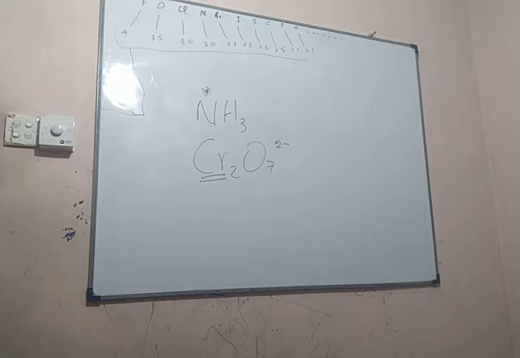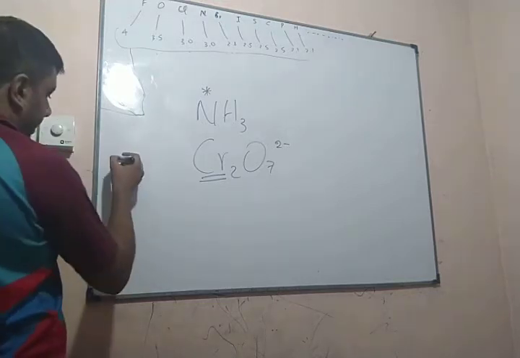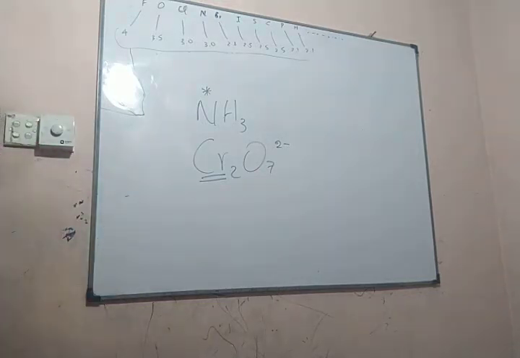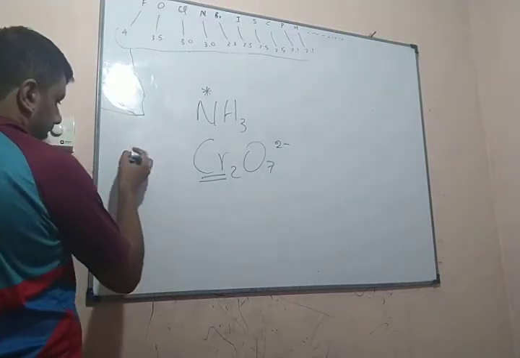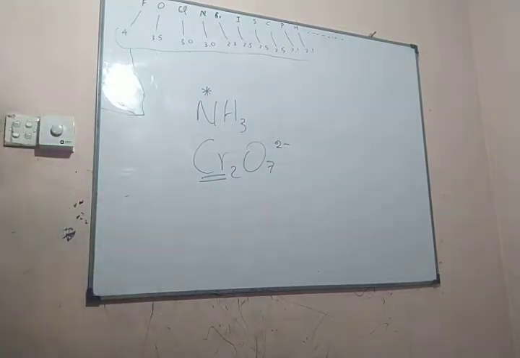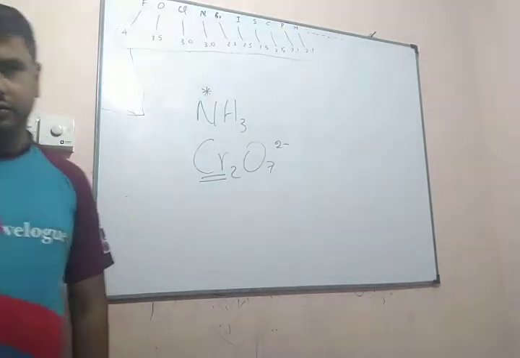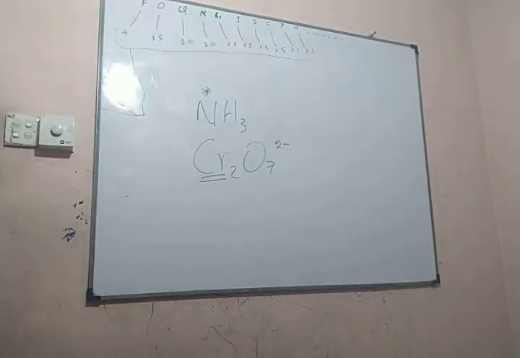Then permanganate, MnO4 minus. You should mark Mn. And then Cl2O7. You should mark chlorine, Cl. And then OF2. Mark oxygen. And then KO2, right?